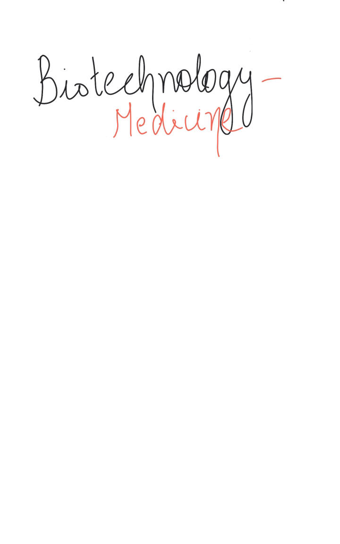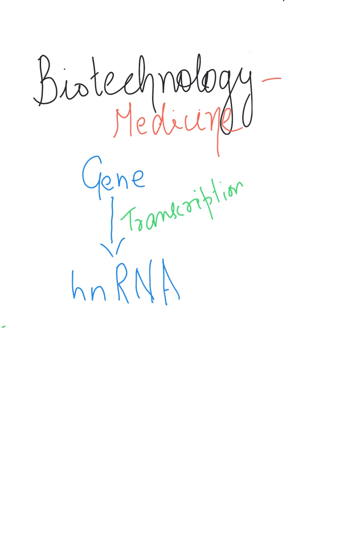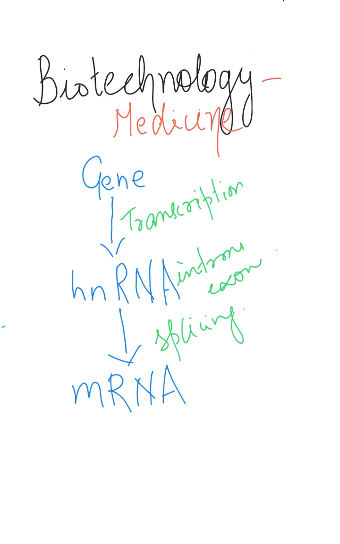Both these genes were first allowed to transcribe. When a gene undergoes transcription, it produces hnRNA. This hnRNA has both coding and non-coding sequences, that is, coding sequences or exons and non-coding sequences or introns. Then this hnRNA undergoes splicing, capping and tailing to form mRNA.